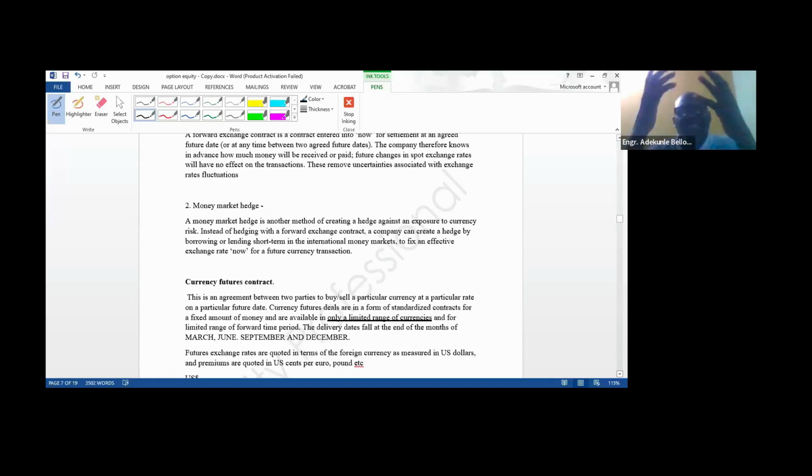Given this scenario, we can describe how to deal with foreign payments or foreign receipts.